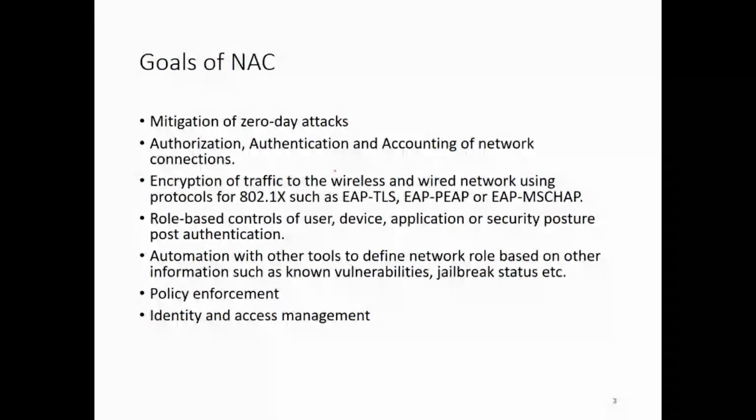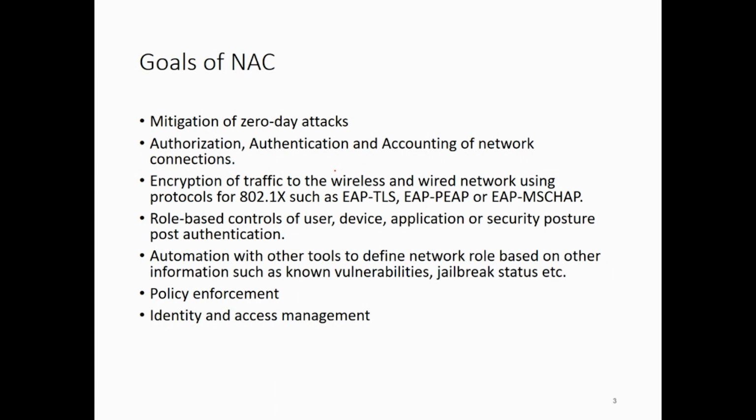The third goal of network access control is encryption of traffic, especially on the wireless network, and it can also be used on the wired network. In the wired network, we usually use 802.1x, the port-based network access control, as we explained before.